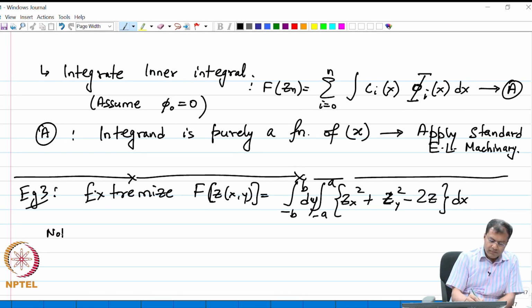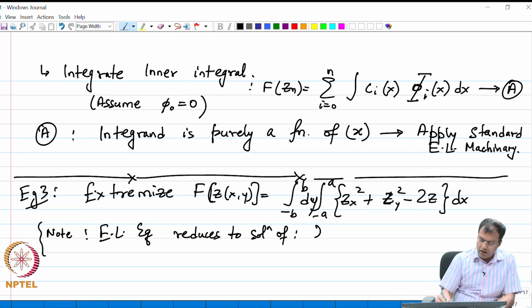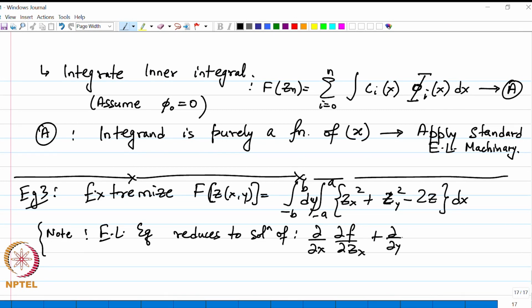Note that my Euler-Lagrange equation reduces to the solution of the following equation: partial x of partial f partial z_x plus partial y of partial f partial z_y is equal to partial f partial z.